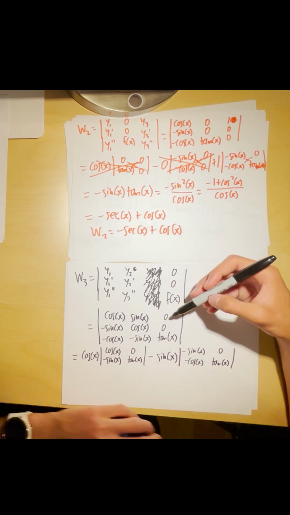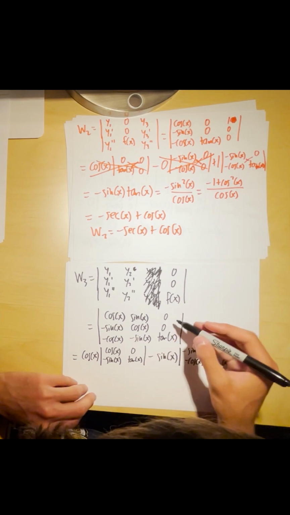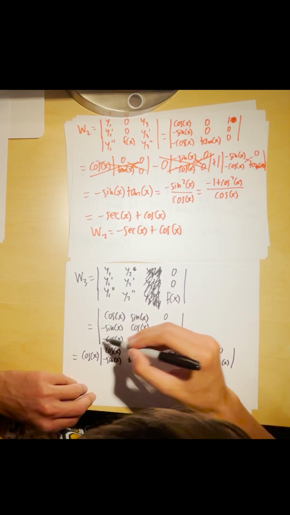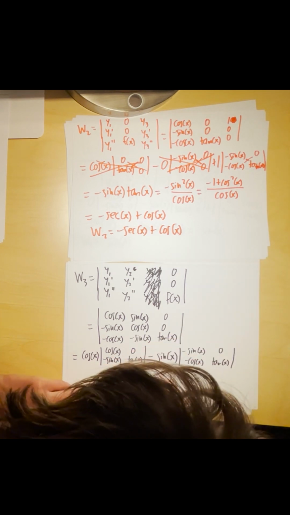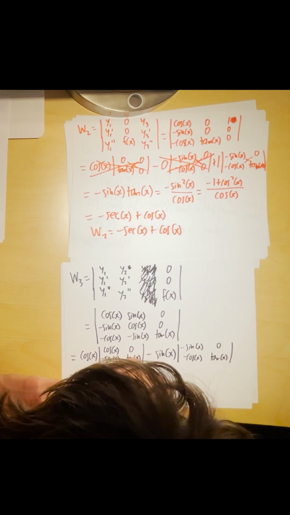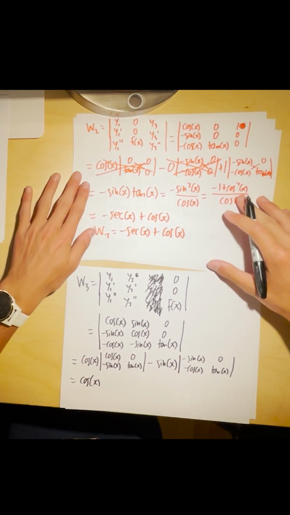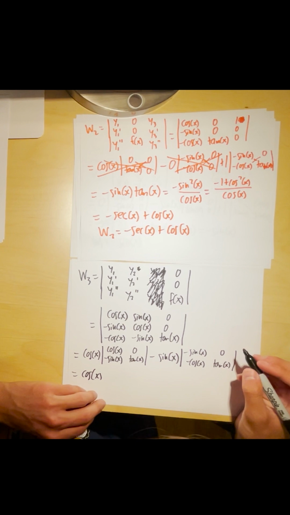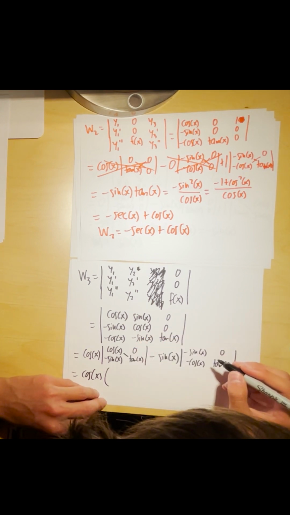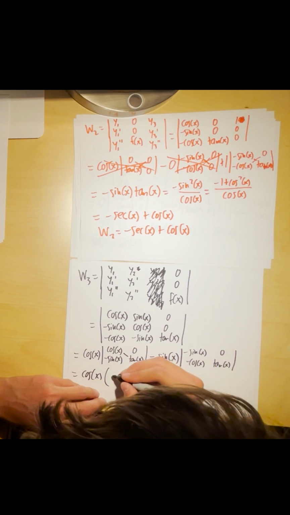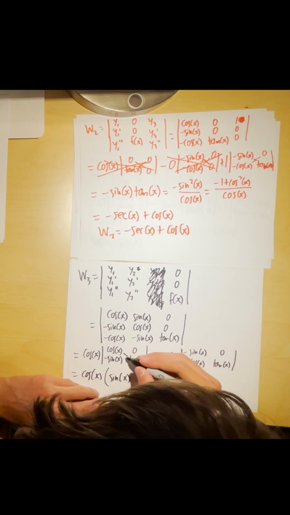And since we have a 0 in front, I'm not going to write out the last determinant because it's 0 times the determinant of these 4, and 0 times anything is 0. Cosine x times tangent x is sine of x. And this is 0.